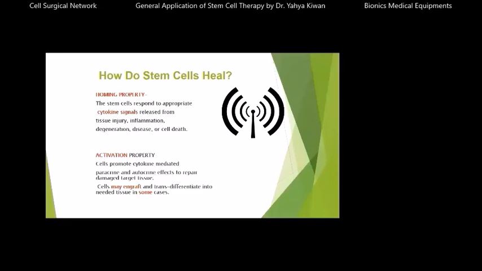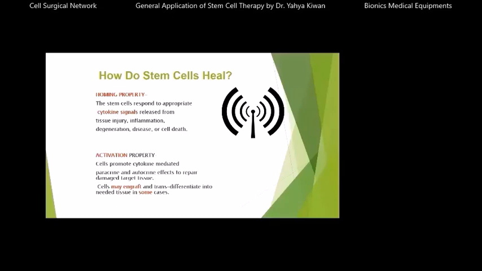So there will be a cytokine signal to attract the cells to the damaged part of the body. Activation property: the stem cells promote cytokine-mediated effects. They secrete a sort of hormone, called a paracrine or autocrine effect, to directly affect the neighboring cells or damaged cells to respond and heal the damaged part of the body.